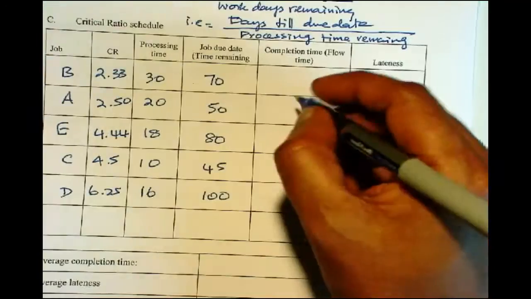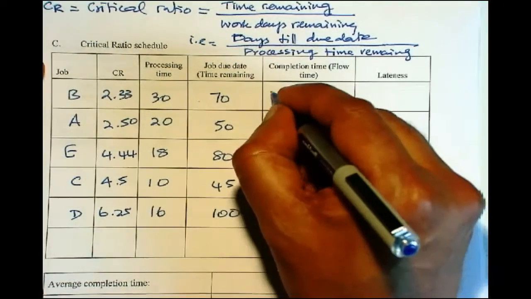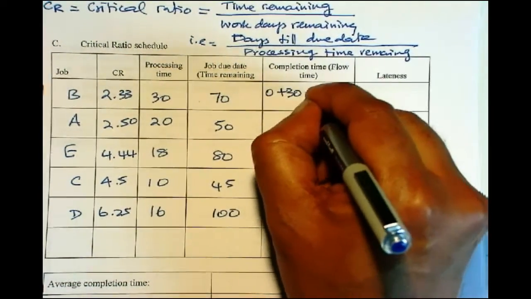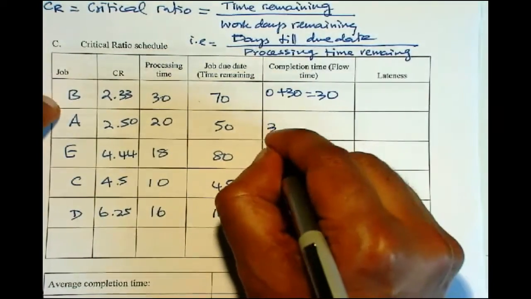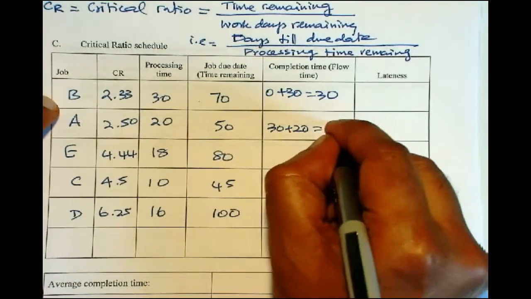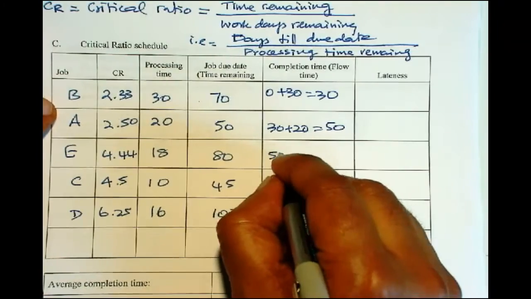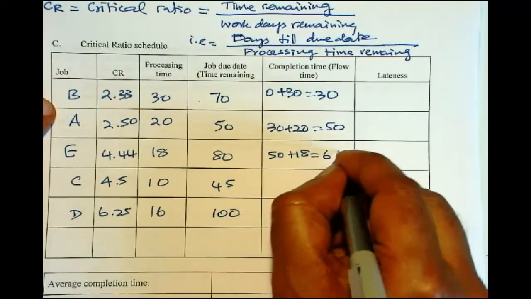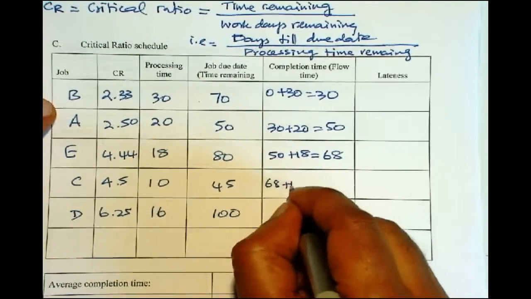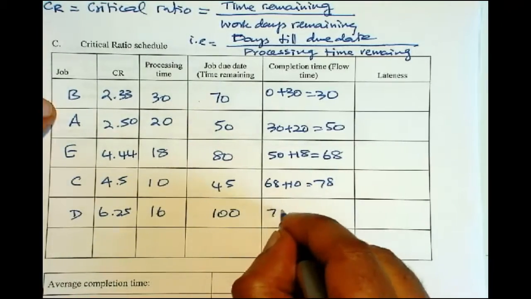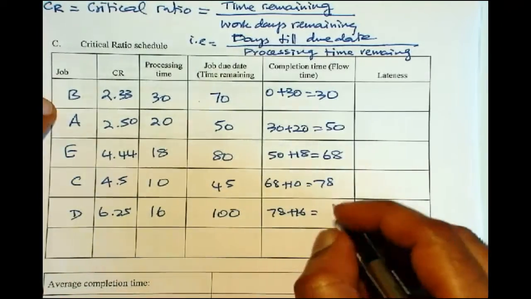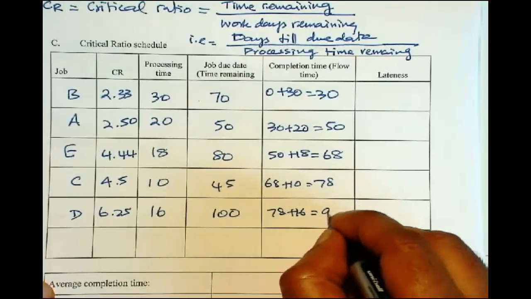Now we can compute the completion time, which is 0 plus 30 is 30, 30 plus 20 is 50, 50 plus 18 is 68, 68 plus 10 is 78, 78 plus 16 is 94.